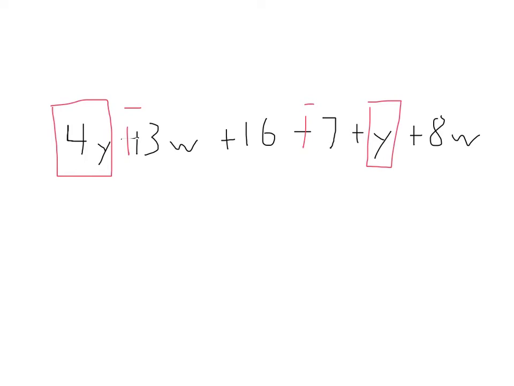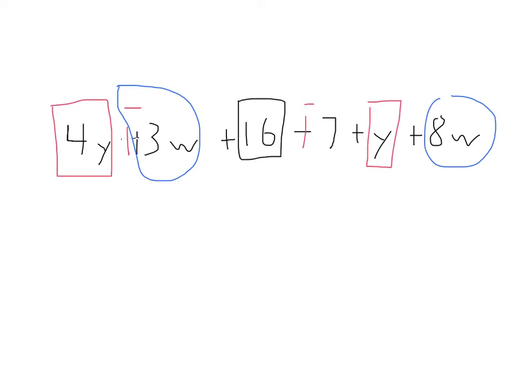Then I see a negative 3 w's, and I see an 8 w's here. Then my last common like terms here, I see a 16 and a negative 7.